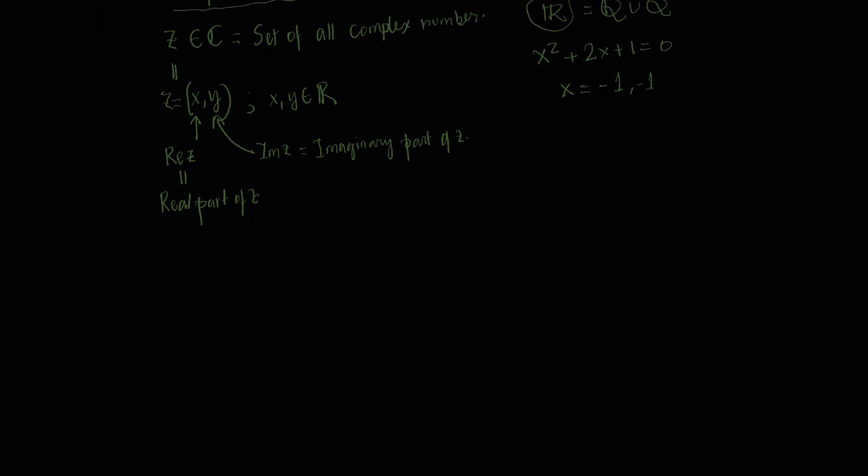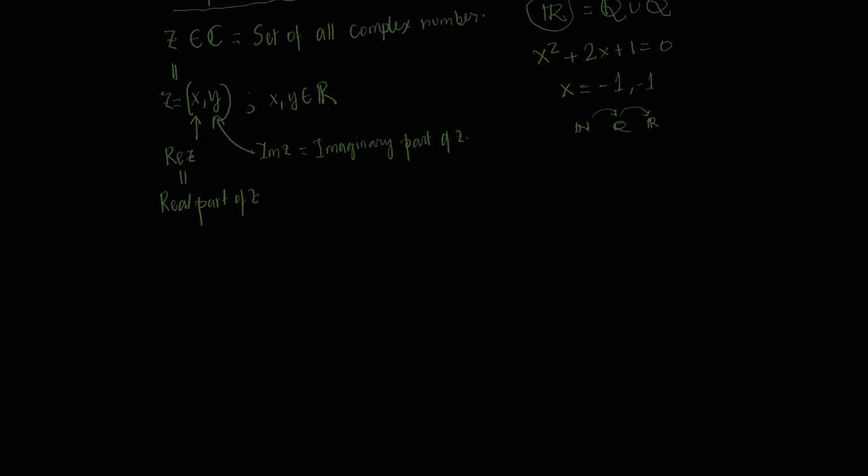So let's look at what we can do with this. How does all of this work? Essentially what we are doing is this. If you think about it this way, when we go from N to Q, we are taking N and adding some more elements to it, and we are getting Q. And again, when we go from Q to R, we are taking Q and adding more elements to it, and we get R, right?